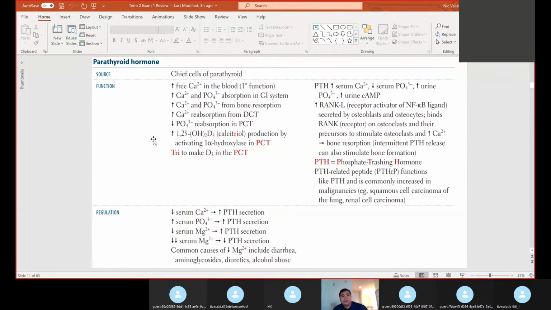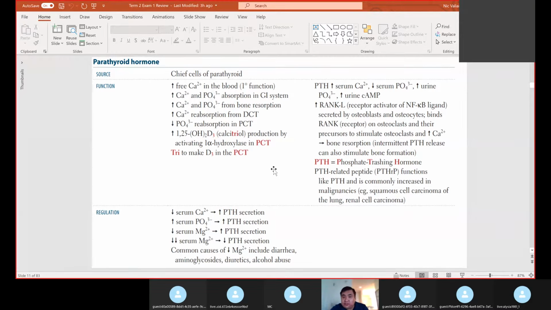It stimulates 1 alpha hydroxylase to increase the production of your calcitriol. Don't forget PTH, phosphate trashing hormone. It decreases phosphate reabsorption where in the nephron? Proximal convoluted tubule, and it increases calcium reabsorption from your distal convoluted tubule.